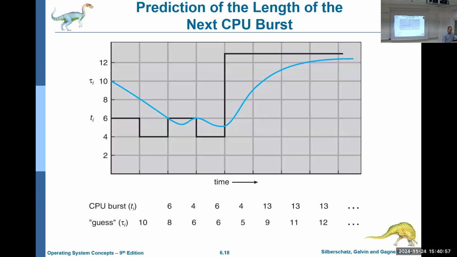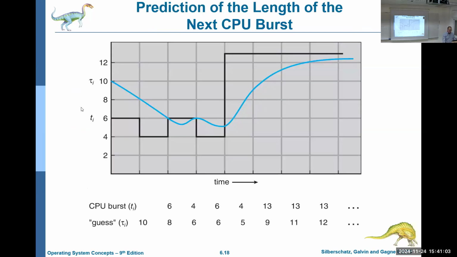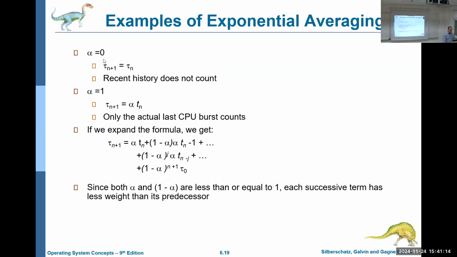And if alpha would be 1, then 1 minus 1 is 0, so all old history would disappear, and only the previous one time would count. So if alpha is 0, recent history doesn't count, only the old history, only the first prediction. If alpha is 1, then only the actual last CPU burst counts. That's just a theoretical result of the formula. Obviously, we would never probably have alpha be 0 or 1, but we could move it around, like I said.